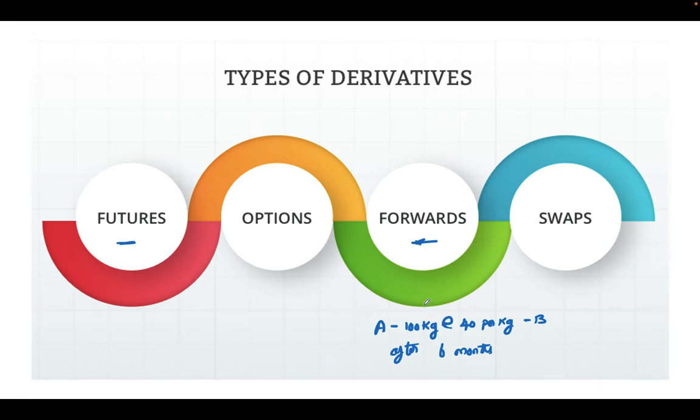In forwards contract, A knows B and B knows A, but in futures contract, A need not know who is B and B need not know who is A. There is a mediator who is called the exchange.